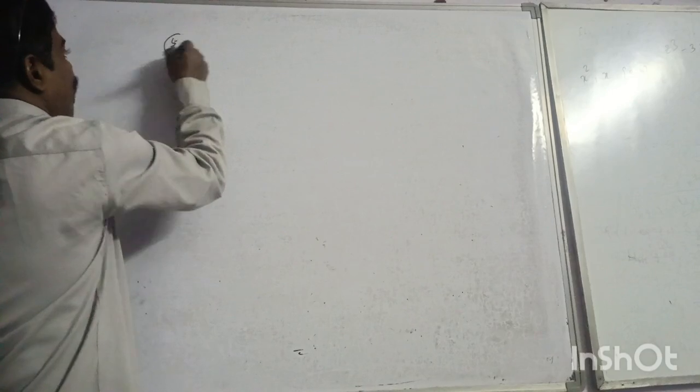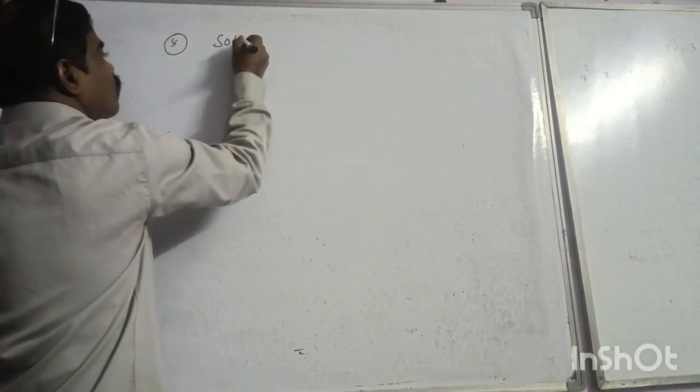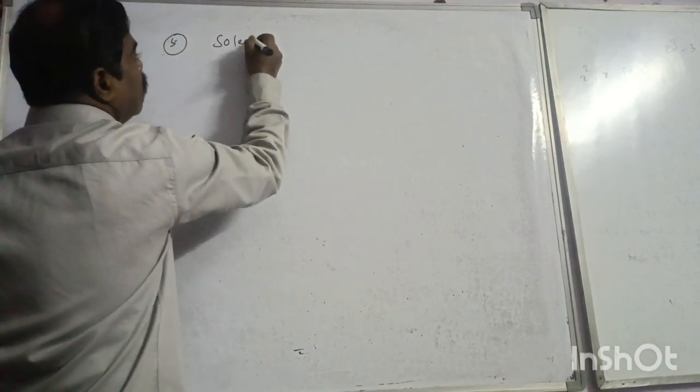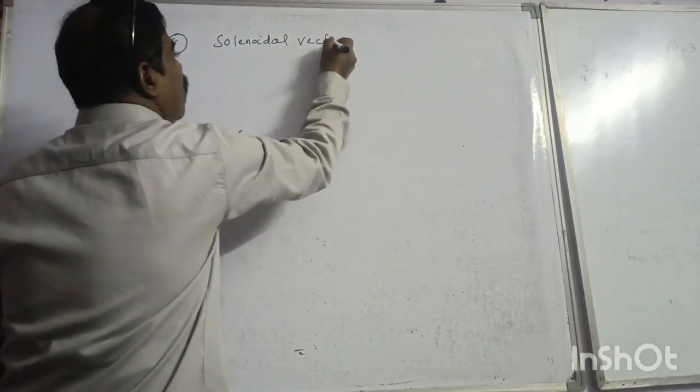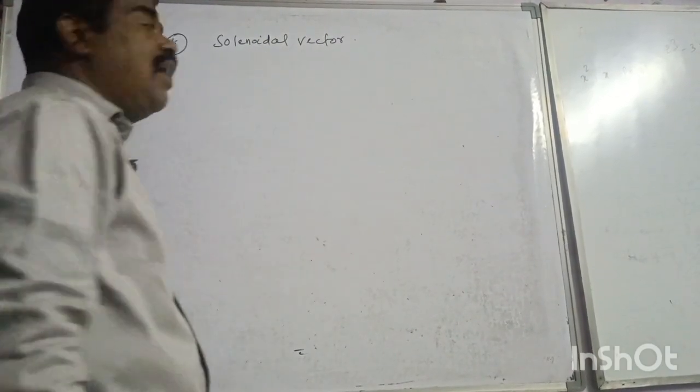Fifth point, right? Fifth one. What is that? Solenoidal vector.